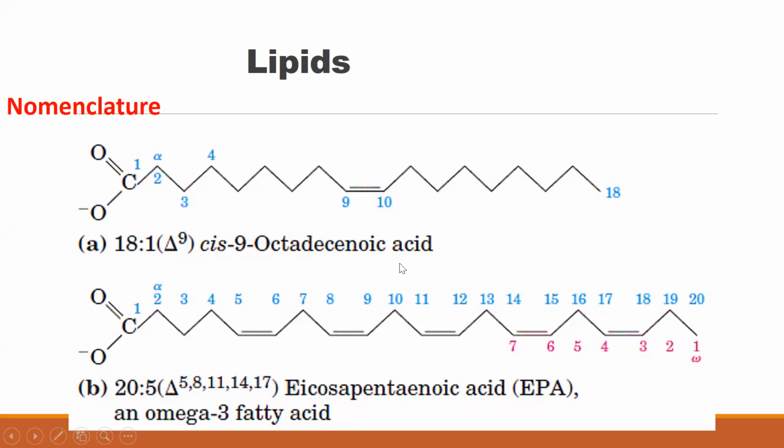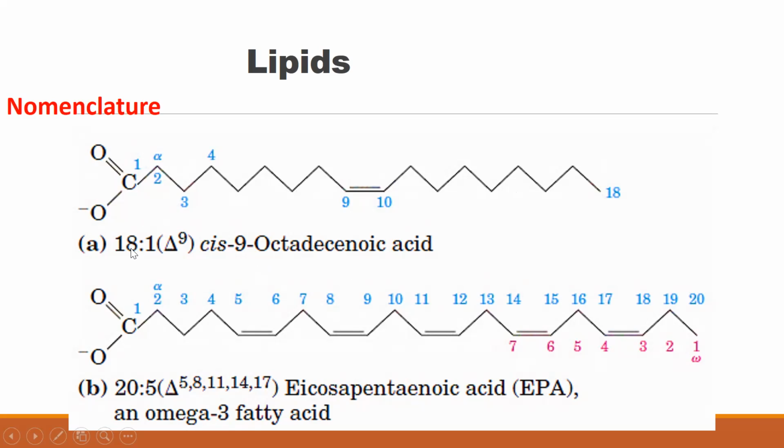For example, in our ethanoic acid or acetic acid, we end with oic acid. That's for carboxylic acid. So a fatty acid is just a carboxylic acid, and usually the name has oic acid. Depending on the number of carbons is how we name our fatty acid.